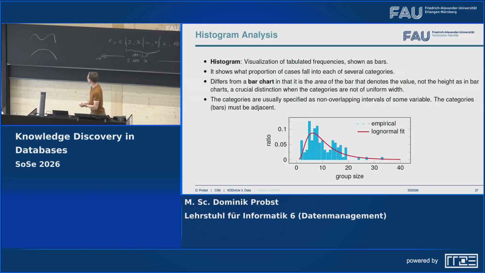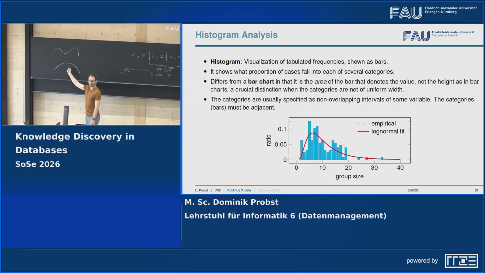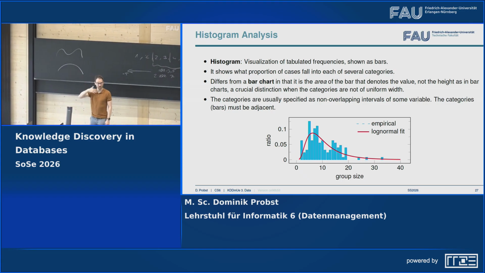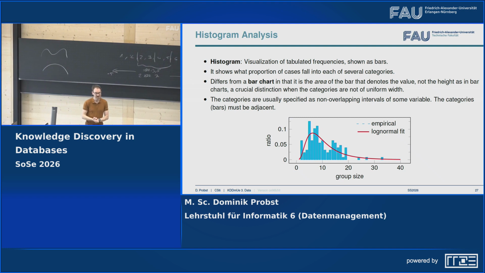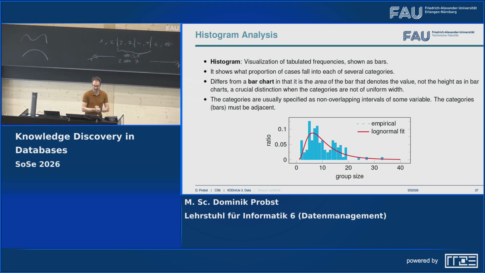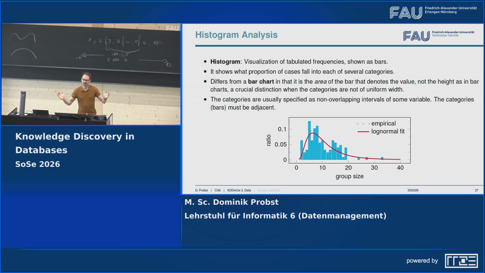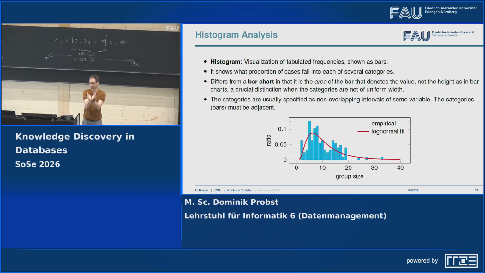A histogram is better in displaying things like this, because we can show distributions. A histogram simply puts values of a certain range into one bucket.